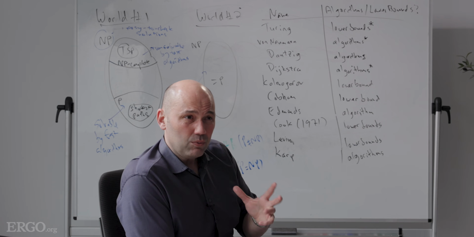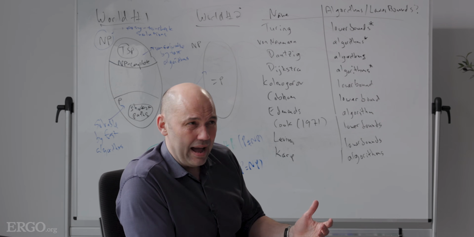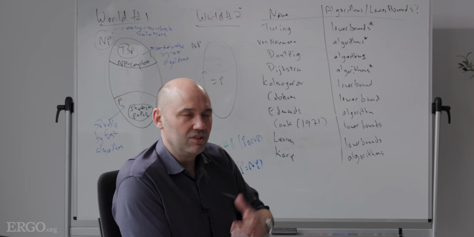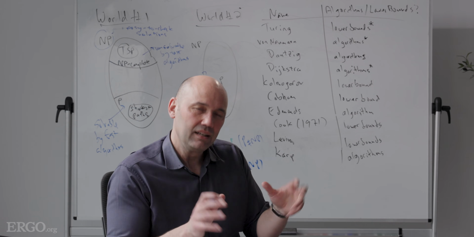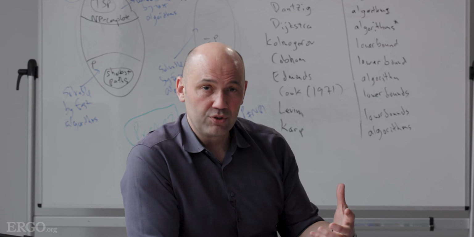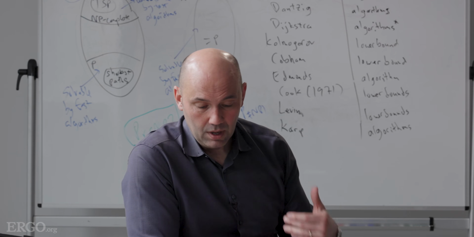So let's talk about why that is. Why is there so much, maybe confidence is the wrong word, but why is there so much consensus that the more likely outcome is that P is not equal to NP? So let me give you the first reason, which I think is probably the main reason, which is driving most people's belief in P not equal to NP, which is like, there's kind of an asymmetry between how good we seem to be as a species coming up with algorithms versus coming up with proofs about the limitations of algorithms, right?